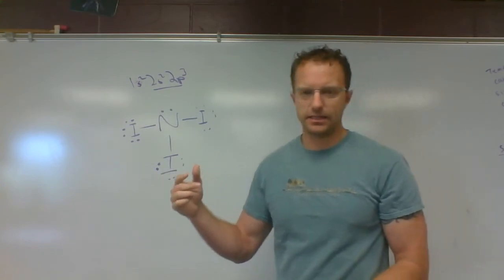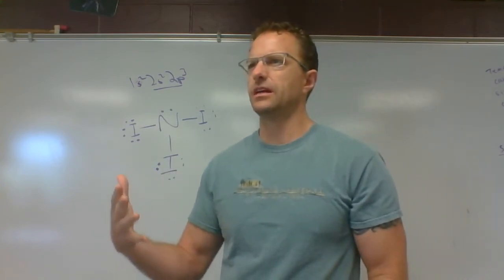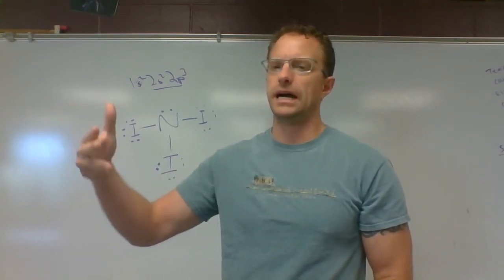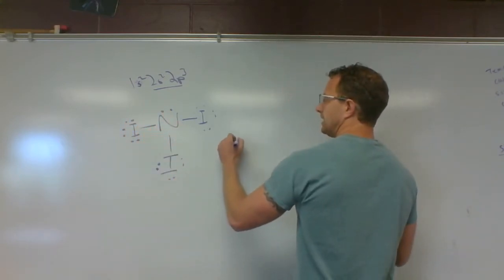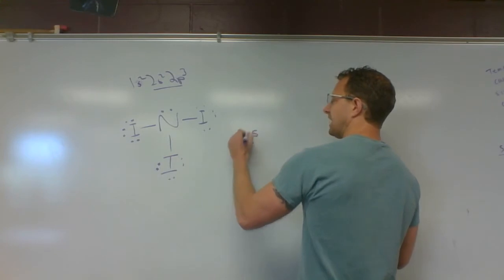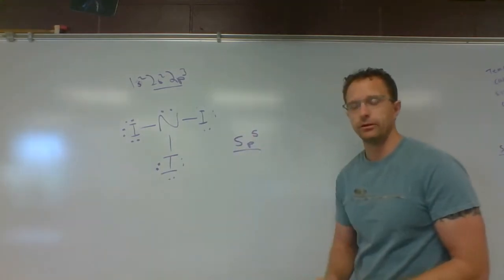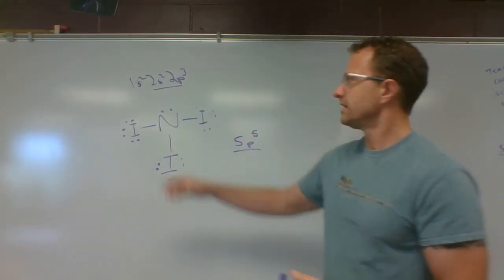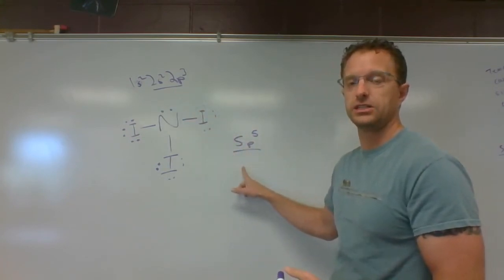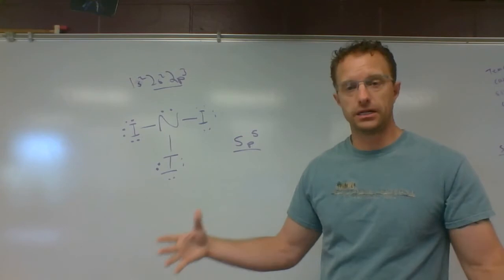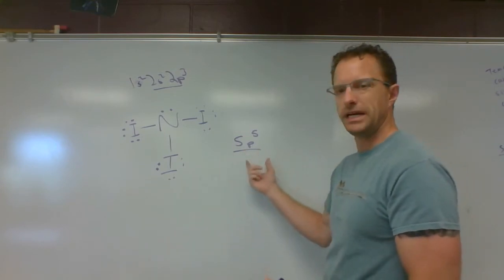Iodine is in the 5th energy level, because you've got fluorine, chlorine, bromine, iodine. So this would end in 5p5. What's true size-wise in the 2nd energy level versus the 5th energy level? The 5th energy level is a lot bigger. So iodine is a really big atom.